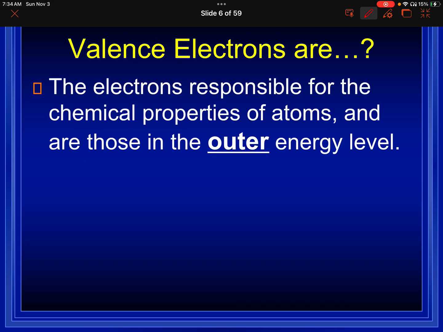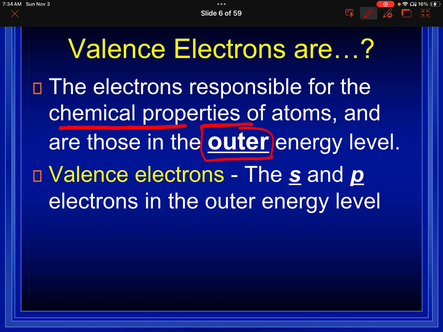First, let's again define valence electrons. Valence electrons are those in the outermost energy level, and they are responsible for chemical properties. Valence electrons, in our discussions, will always include the s and p electrons in the outer energy level. Please notice that I'm not talking d's here.